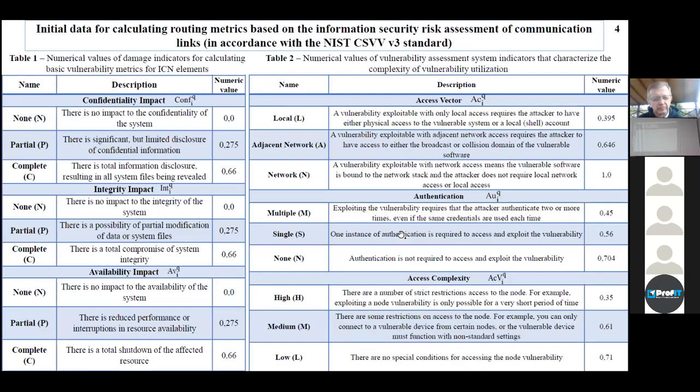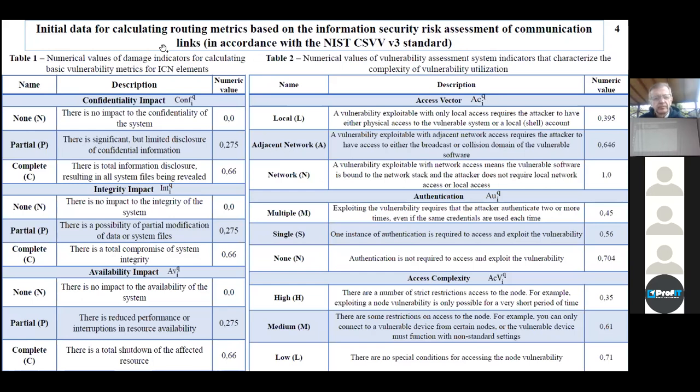For our investigation, we use initial data according to the special vulnerability base and the NIST recommendation base.